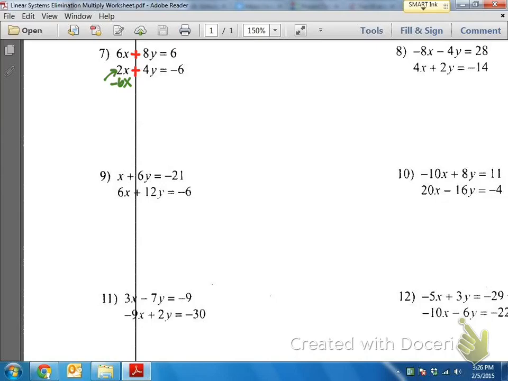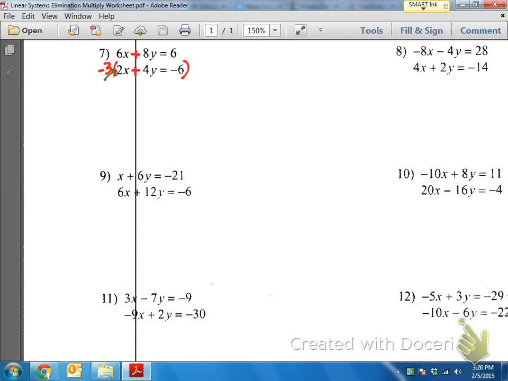So 2 times what gives me negative 6? Well, 2 times negative 3 gives me negative 6. So I need to multiply the bottom equation, not just the x part, but everything, by negative 3.